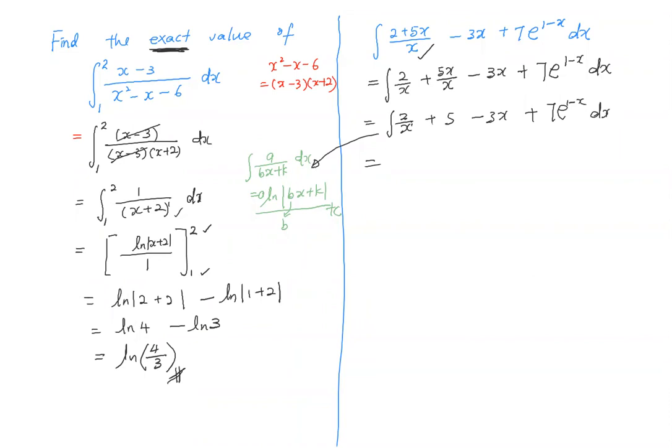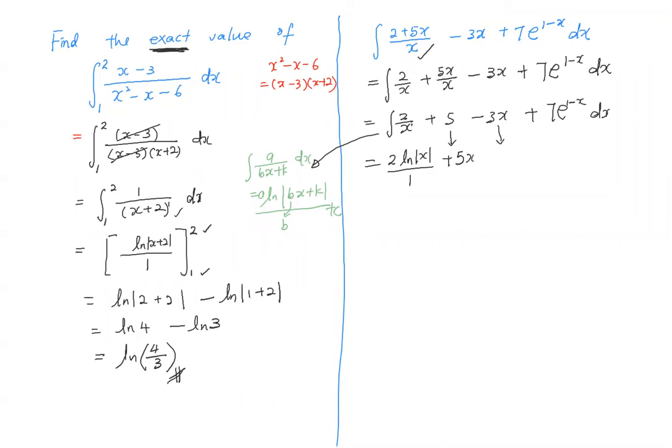So I got 2 ln x over 1, the coefficient of x is 1. When I integrate a constant, I have a constant times x.